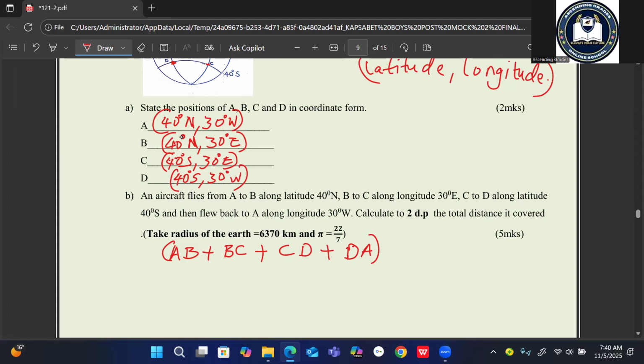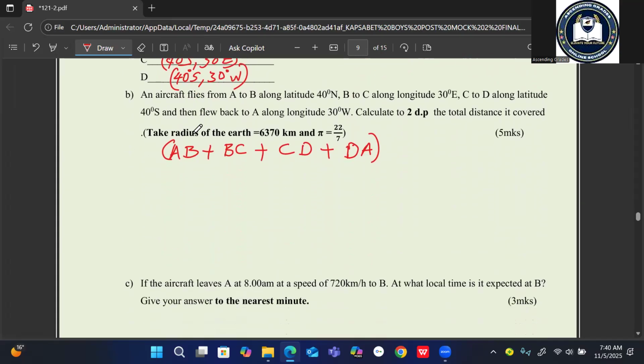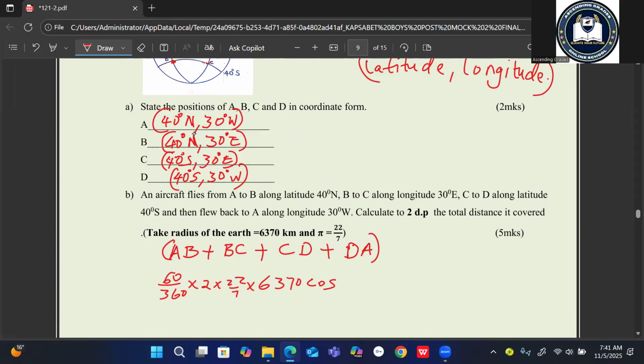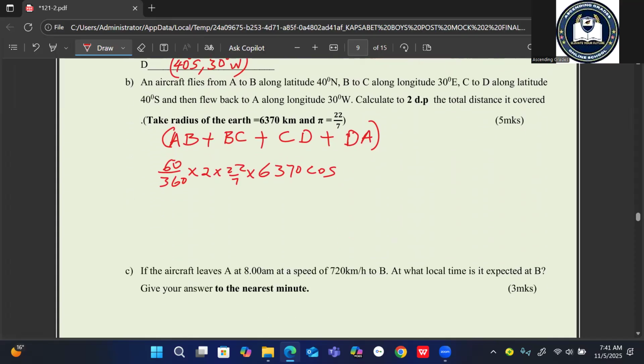So it will be 60 out of 360 times 2 times 22 out of 7 times 6,370, whereby it is the radius of the Earth, then cos 40 because they share the same latitude. Then that is the distance of AB plus the distance of BC.